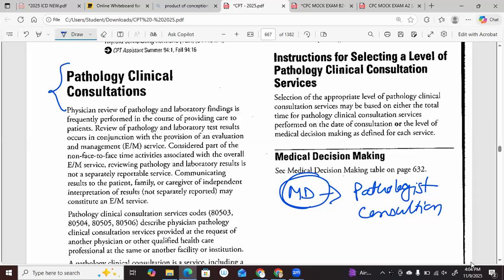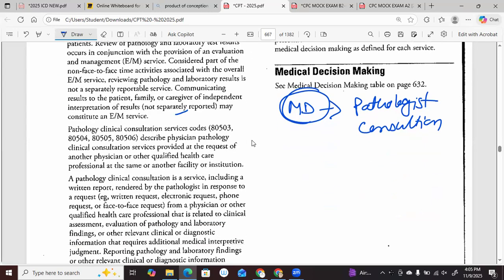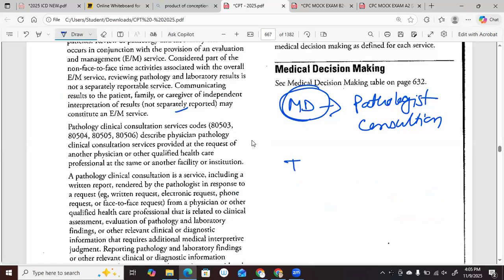These consultation codes are always billed based on the MD request. These consultation codes are based on time as well as MDM.